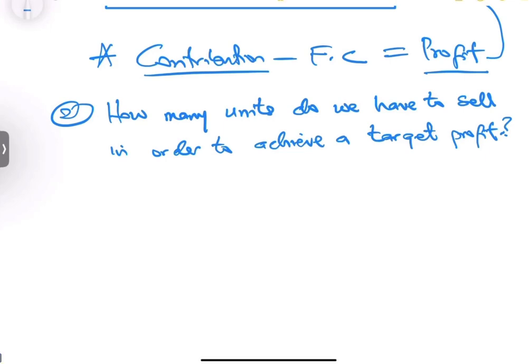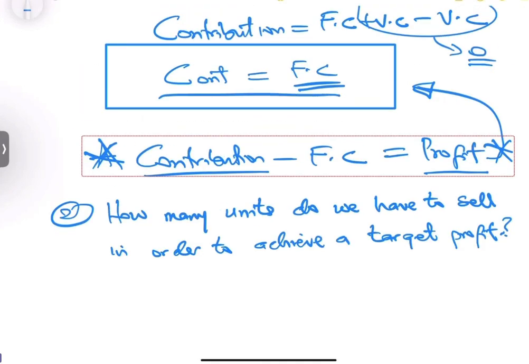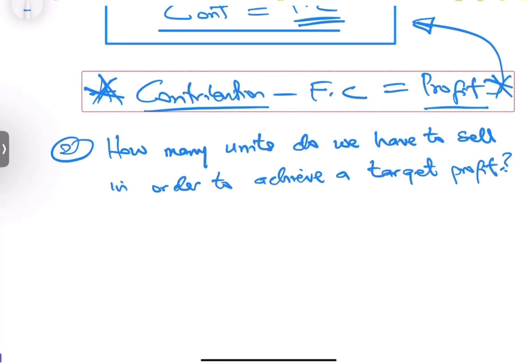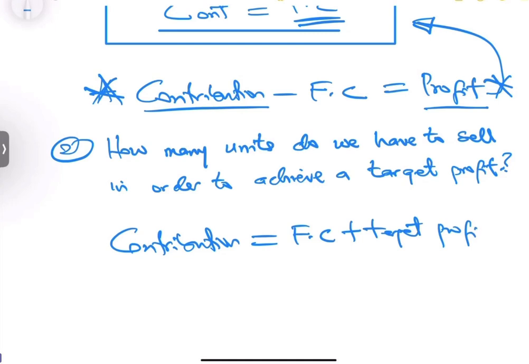If you look at this formula that we have put here, break even, we said it has to be equal. But if we want more than breaking even, then it means, how many units do we have to sell such that our contribution will be equal to fixed cost plus the target profit that we are interested in. All I have done is to rearrange this formula.